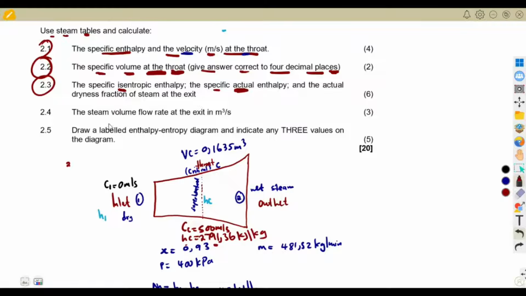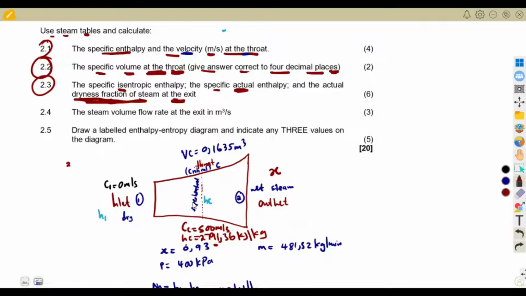All right. And also the actual dryness fraction of the steam at the exit. Why are they talking about the dryness fraction at the exit? Because here, take note, we said at the exit, the steam is wet. And we know that if we're ever talking about steam which is wet, there's a dryness fraction to be considered.